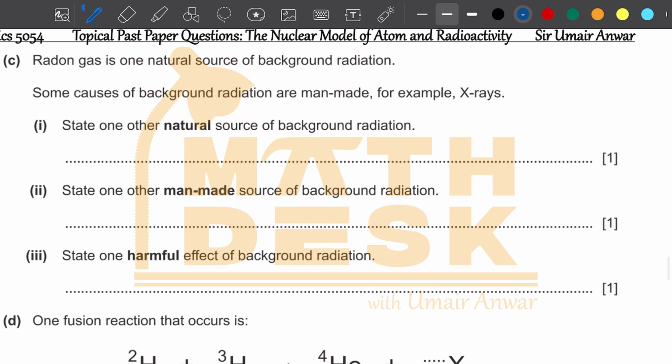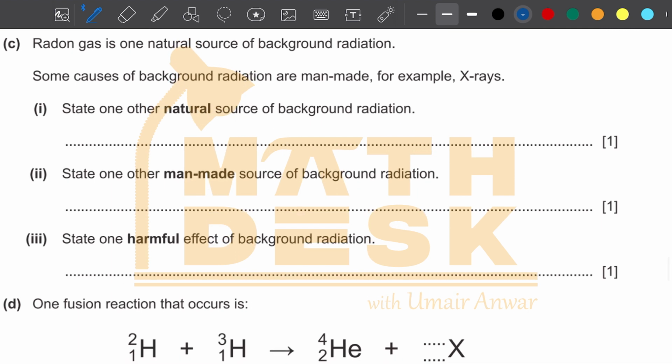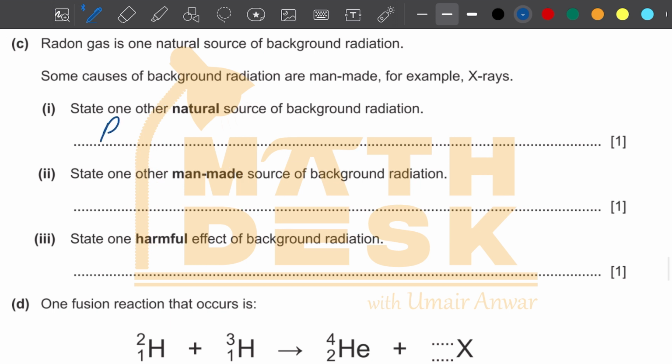The next part says radon gas is one natural source of background radiation. Some causes of background radiation are man-made, for example X-rays. State one other natural source of background radiation. So it could be rocks.